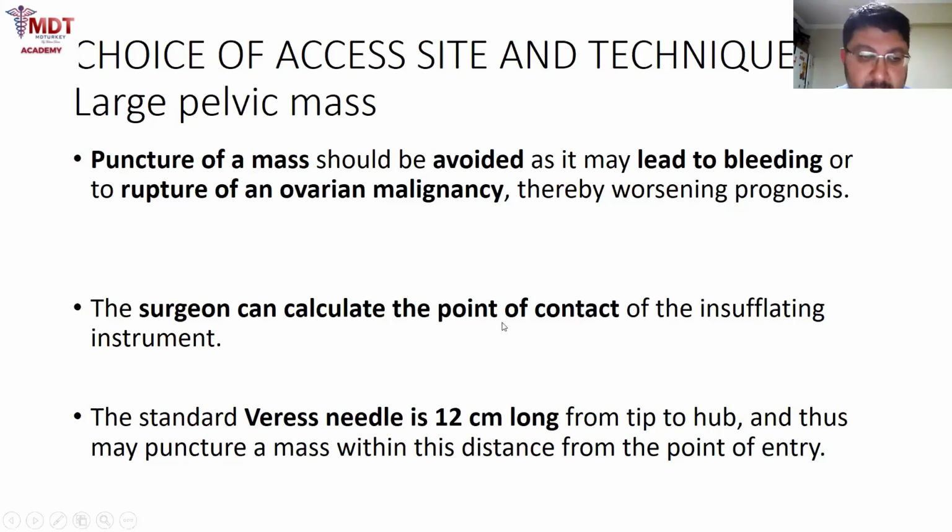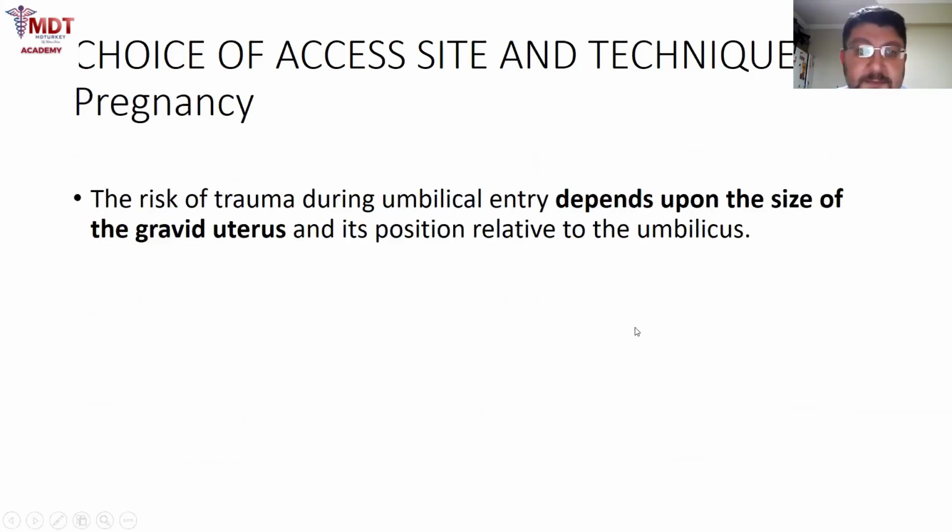And also, you can calculate the point of contact of the insufflating instrument. The length of the standard Veress needle is 12 centimeters. You can calculate the distance by this.